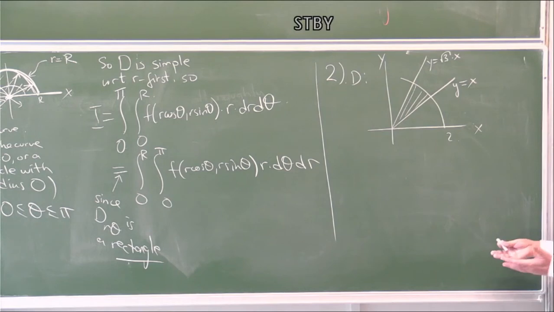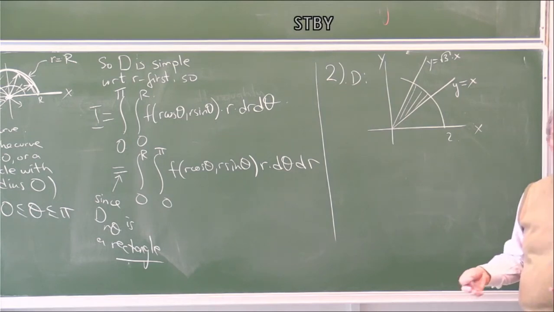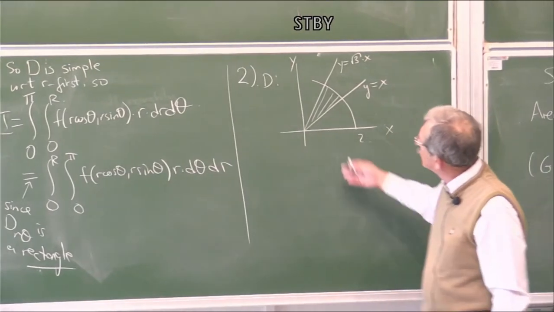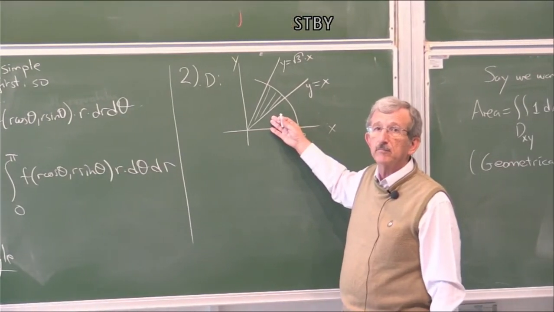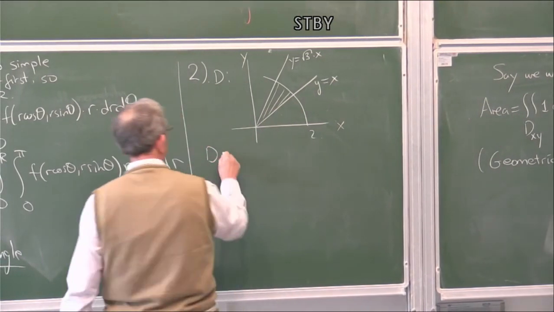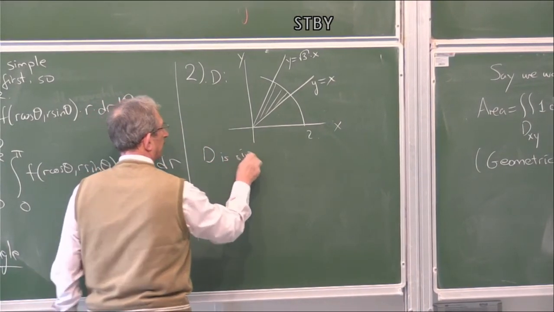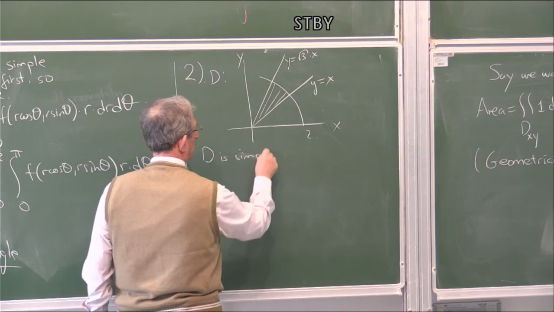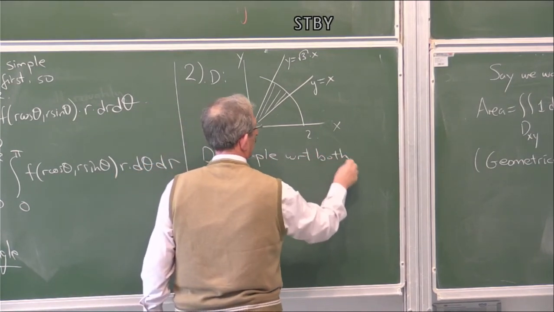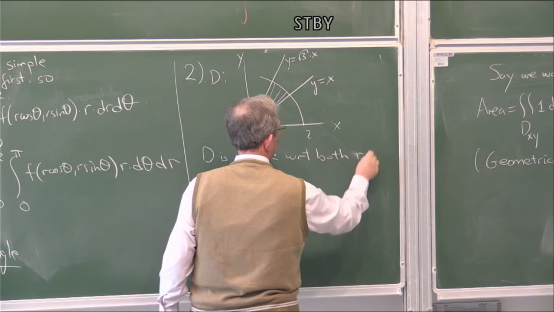Does this look like a simple region? Yes, of course. Actually, it's a rectangle. So D is simple with respect to both r and θ.